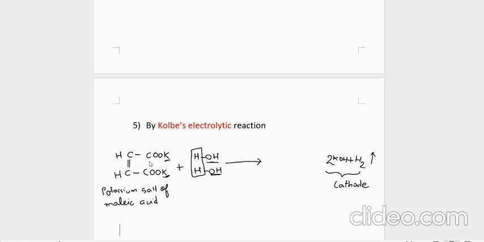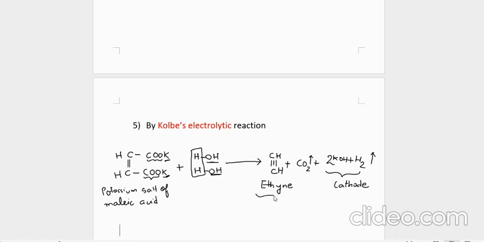Now at the anode, when you look again at the starting material, you have COO and the second COO. So you have evolution of carbon dioxide. Whatever is remaining is our product, that is carbon triple bond carbon, satisfied with hydrogen atoms, that is our ethyne.